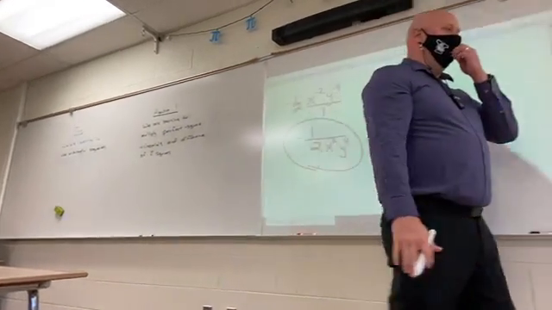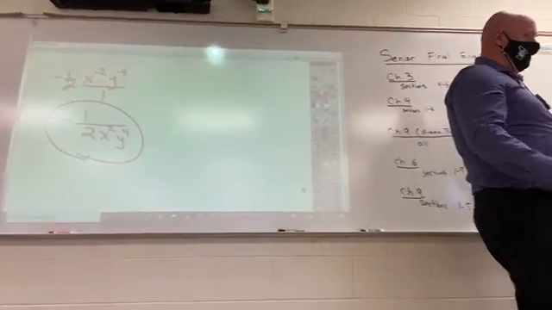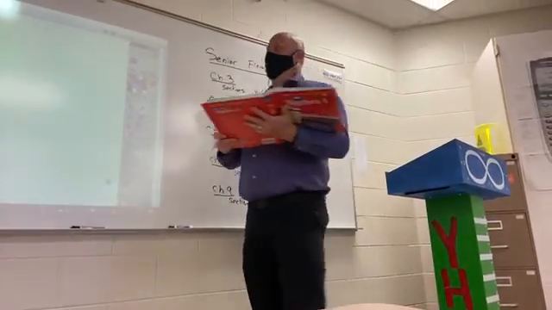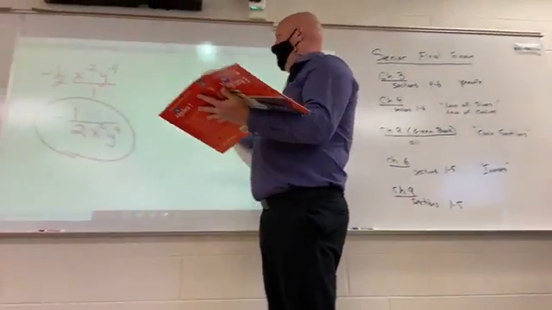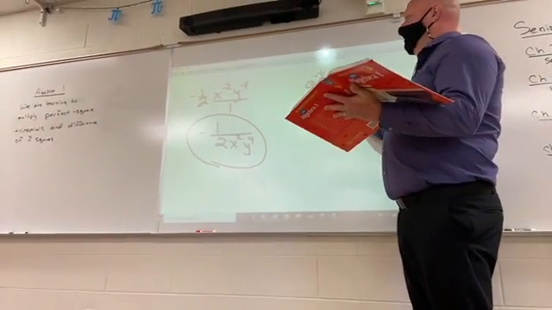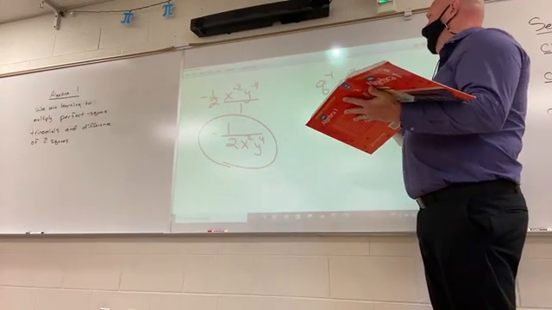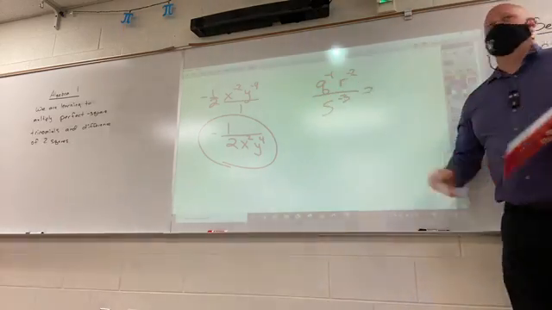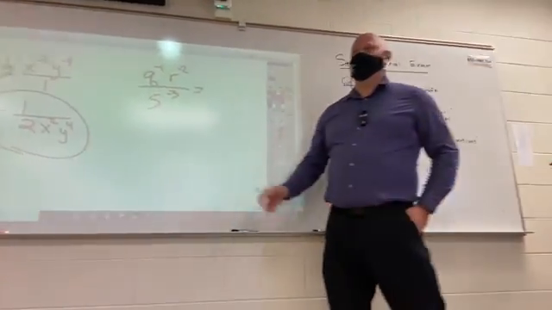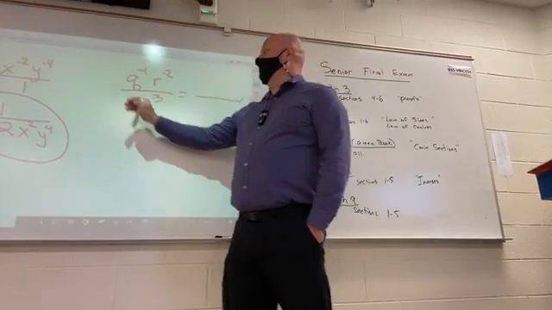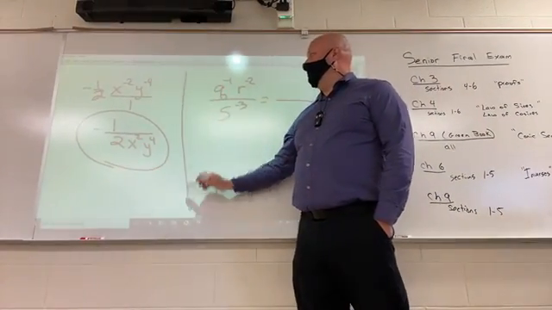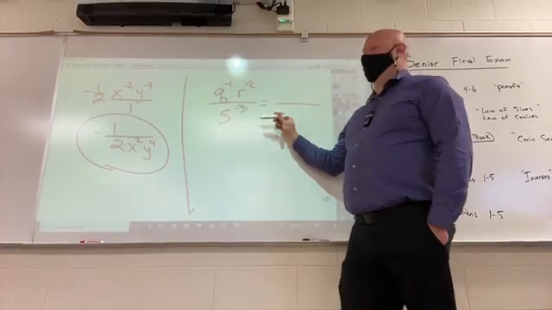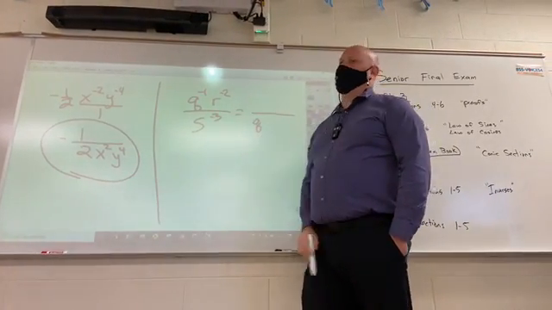Okay. How about a question like number 19 that says q to the negative 1, r to the negative 2, over s to the negative 3. What should we do with that? Where should the q's be? Bottom, and it becomes positive 1, so you don't have to write the exponent.